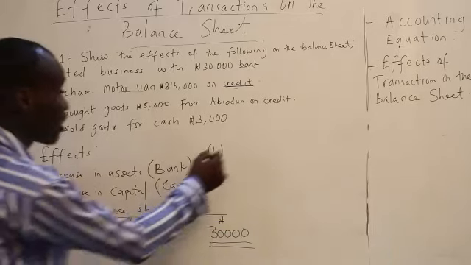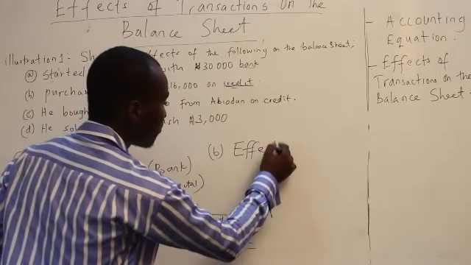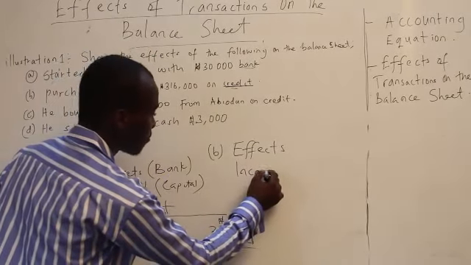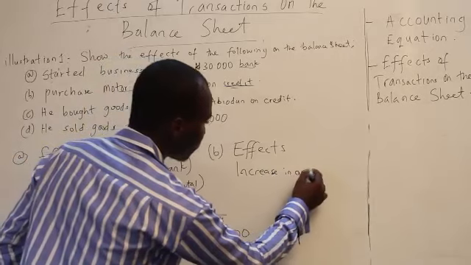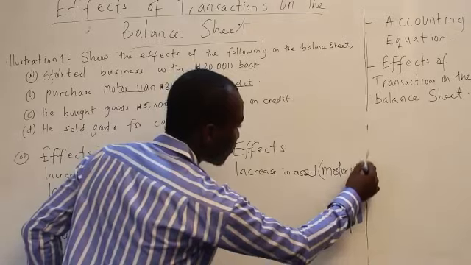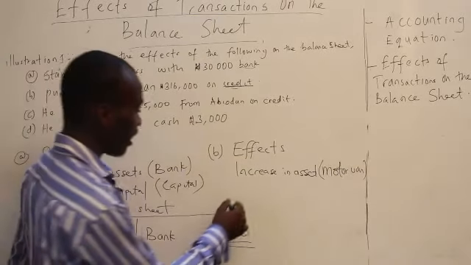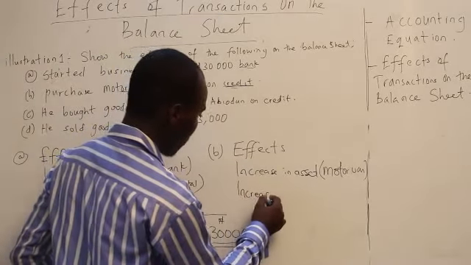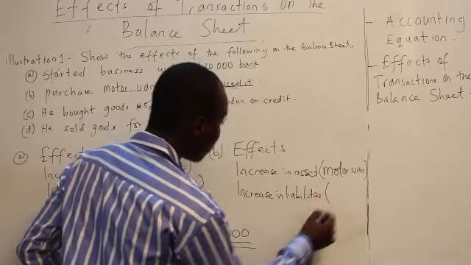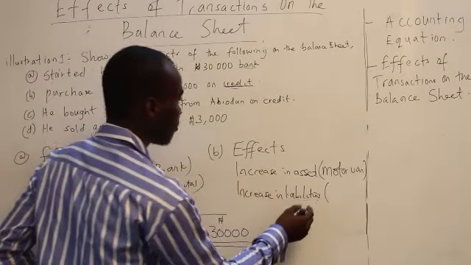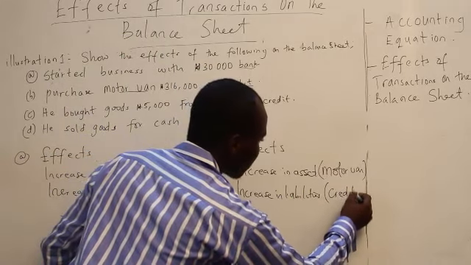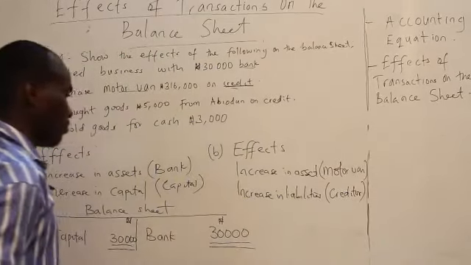So the effect of this transaction is going to be an increase in assets, which is the motor van, and an increase in liabilities, which is the creditor, that is the supplier of the motor van.